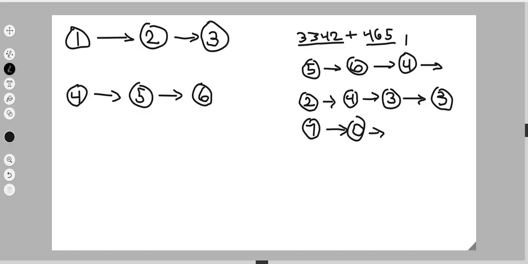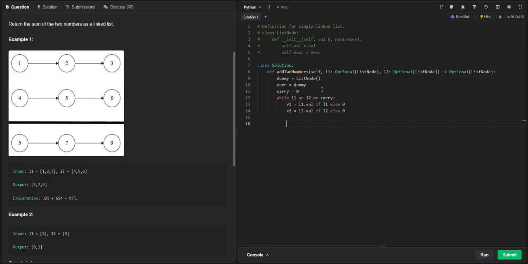And to basically get these values, sorry, I should probably add these back together. Okay, there you go. To get the value of these, we just add the carry, list 1's value, and list 2's value. So let's do that: val equals v1, value 1, plus value 2, plus the carry.